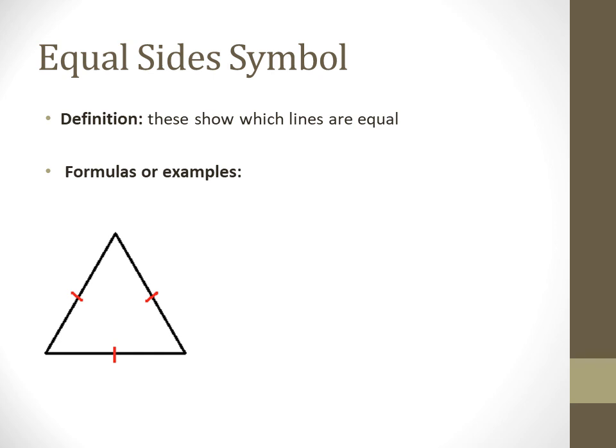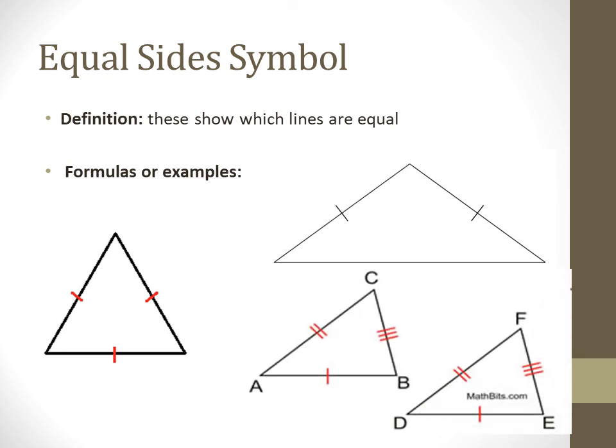They tell us those lines are equal. There we go. So it can be used for triangles singularly, right? Maybe all three sides are equal, like an equilateral triangle. Maybe two sides are equal, like an isosceles triangle. Or if we have two triangles, maybe it would tell us which sides among those two triangles are equal.